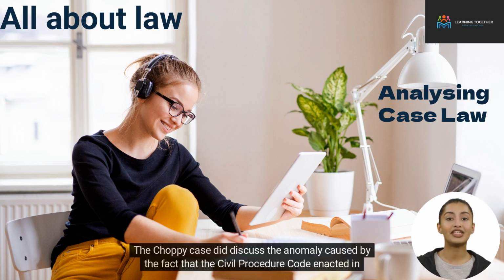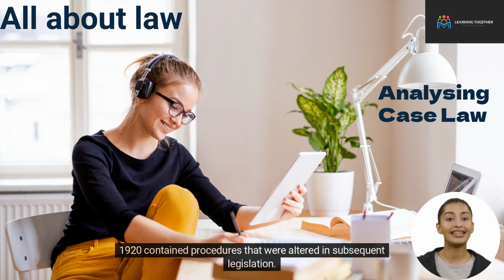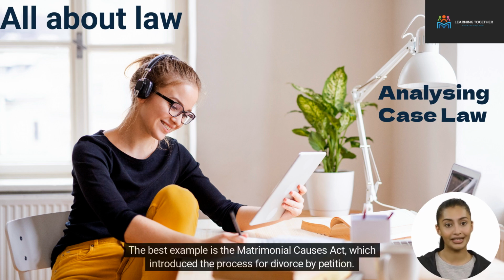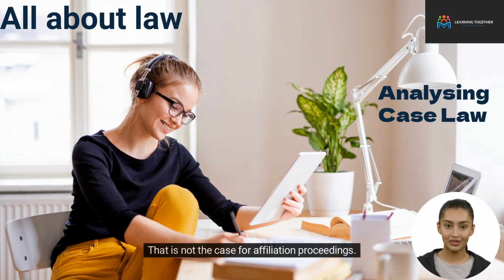23. The Choppy case did discuss the anomaly caused by the fact that the Civil Procedure Code enacted in 1920 contained procedures that were altered in subsequent legislation. The best example is the Matrimonial Causes Act, which introduced the process for divorce by petition. That is not the case for affiliation proceedings.